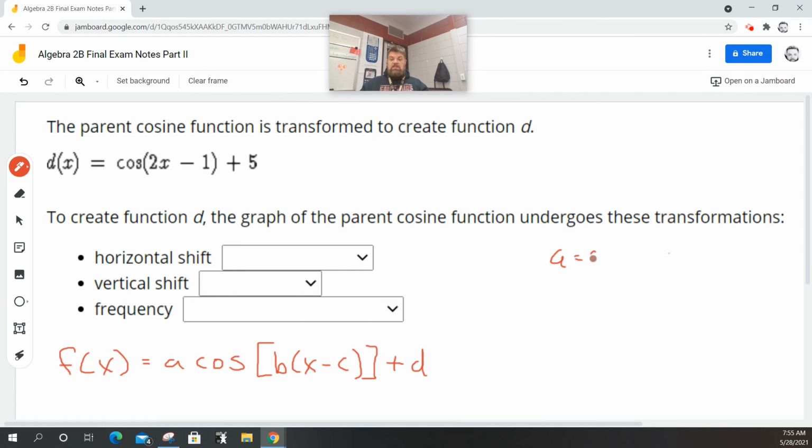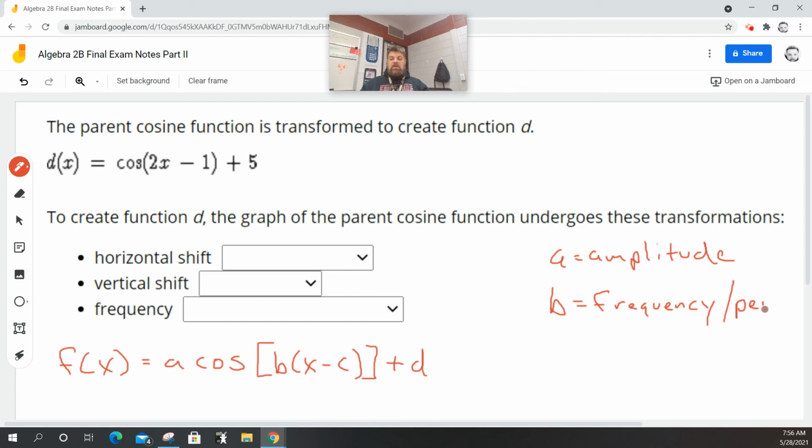A is the amplitude. B has an impact on the frequency. They say frequency, but that really also has to do with the period, right?